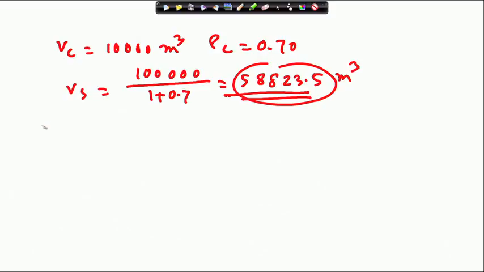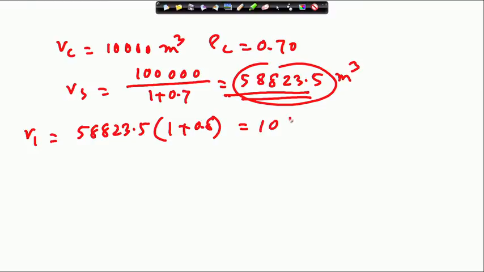So, in that case, I can now calculate V1, how much volume if I want to take from site 1. It should be 58823.5 into 1 plus 0.8, which is the void ratio of site 1. So, this gives you 105882 meter cube.